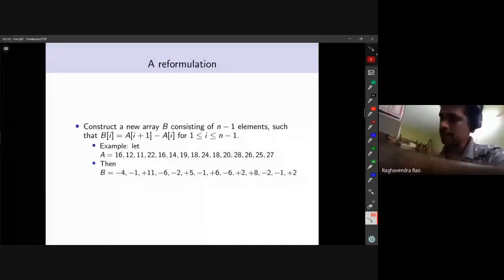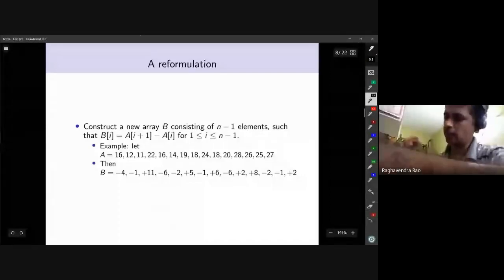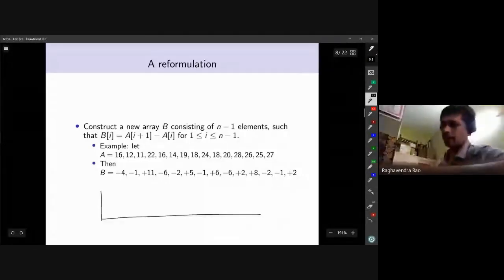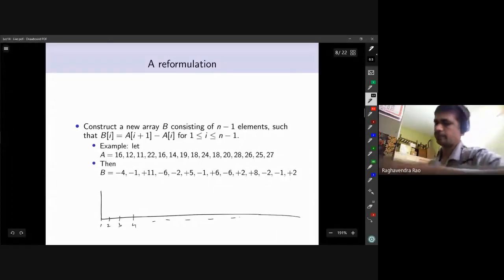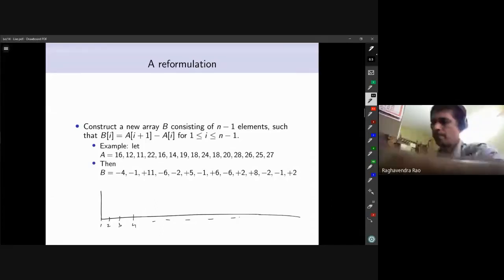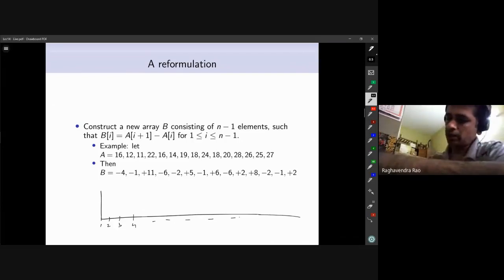It's easy to understand this by plotting a graph. So let's say indices 1, 2, 3, 4, and so on. Now let's plot the values.